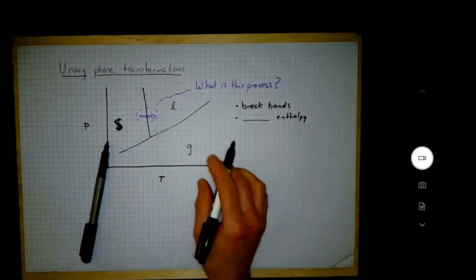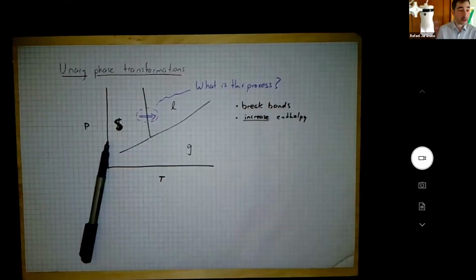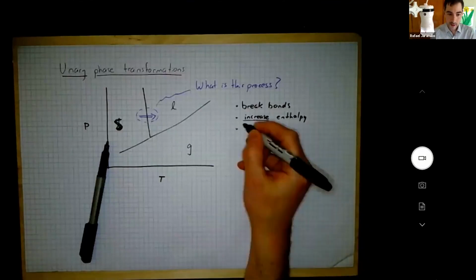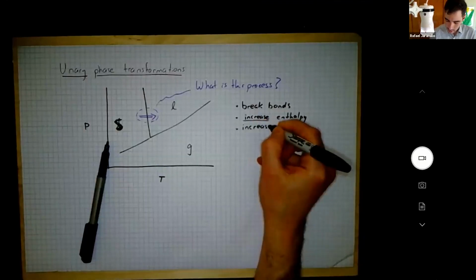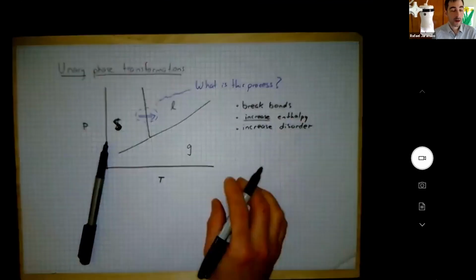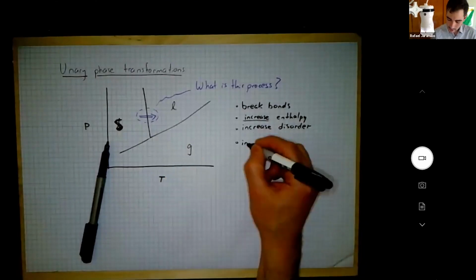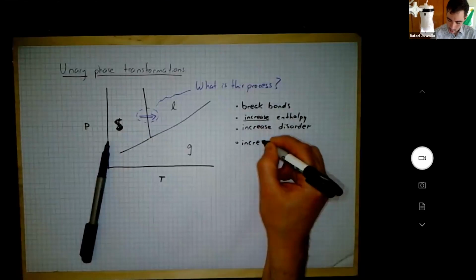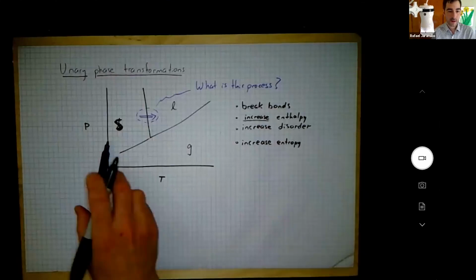Increase. Right, bonds are low energy states. So to break them, you need to put energy in. You pull those molecules apart from each other. So you're going to increase the enthalpy, right? We also increase disorder. And we go from an ordered crystal to a disordered liquid. And so we increase entropy. That's what happens across that phase transformation.